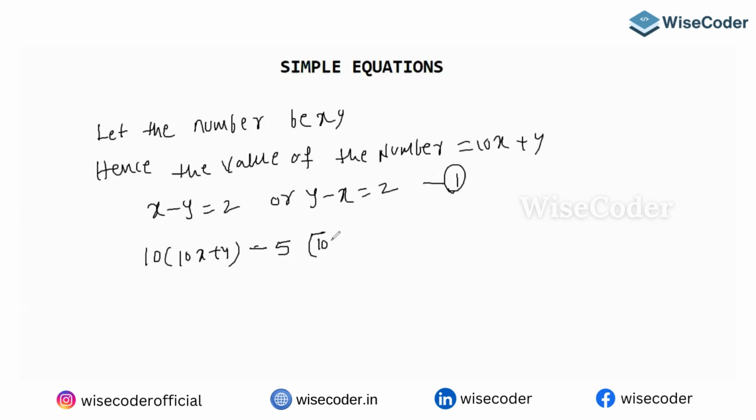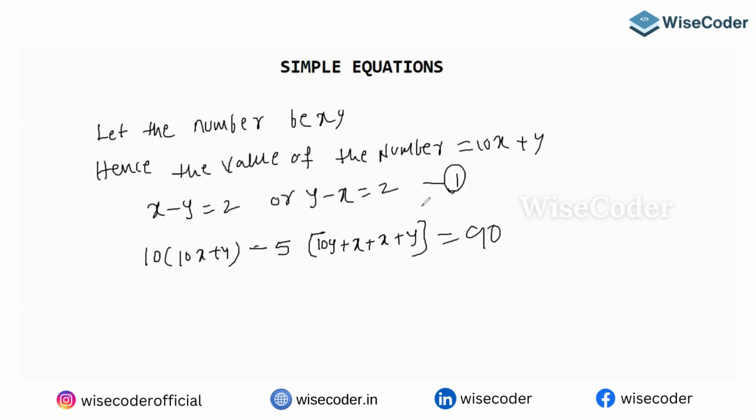What is the reverse number? 10y plus x. And the sum of the digits means what? x plus y. See how much logic is involved. That's what I'm trying to tell you, guys. Trust me, this is equal to 90.